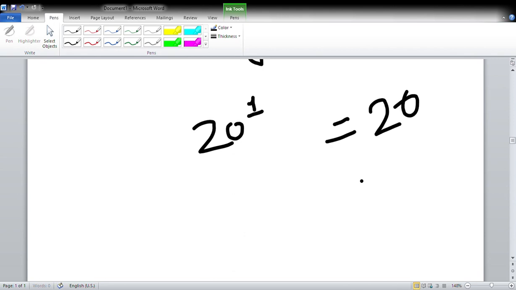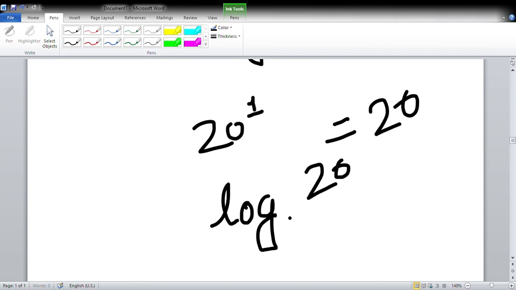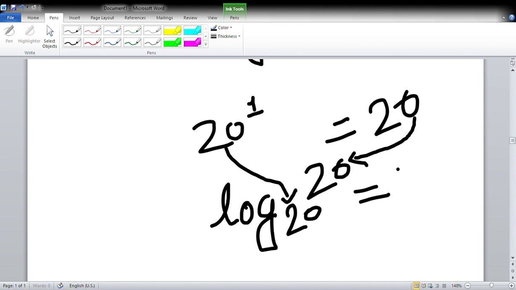Converting to logarithmic form, log of 20 with the base 20, where this is the base and this 20 comes on this side, is equal to 1. Simple thing.